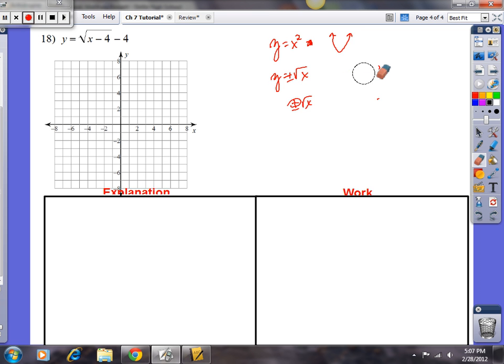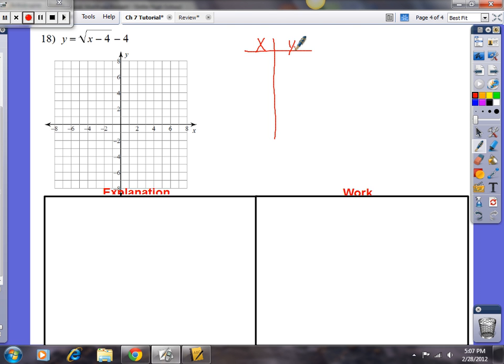So if I know just by seeing the square root that it's going to be a sideways parabola, that's a huge start. Next, the best way to figure out the exact shape of it is just to make a table. Plug in some points, put in some inputs, and see what you get out. So what are we going to substitute in for x?